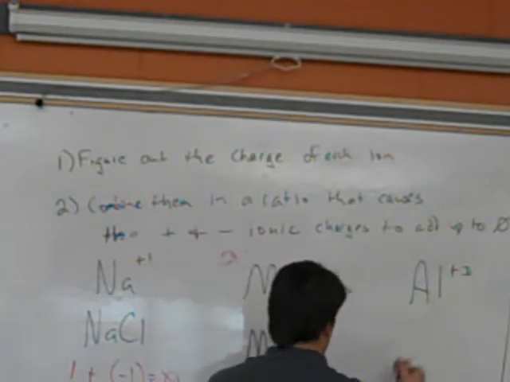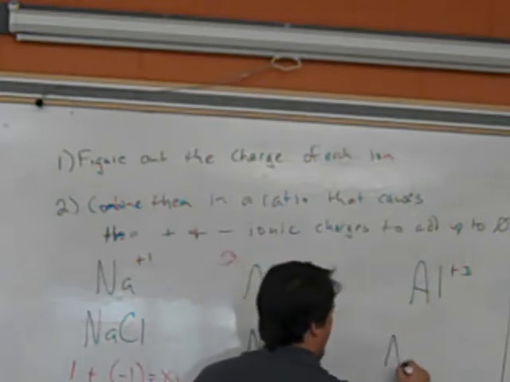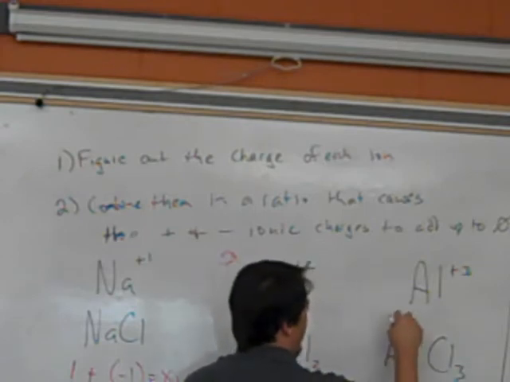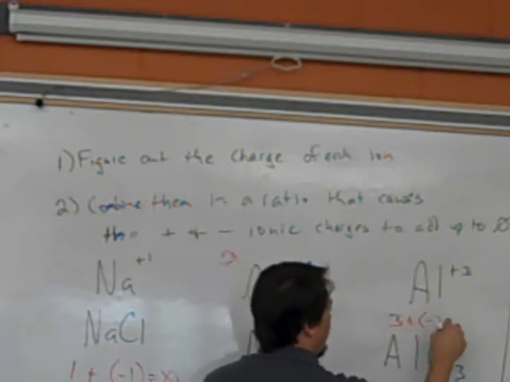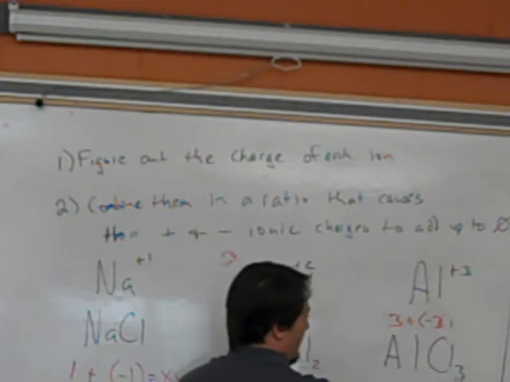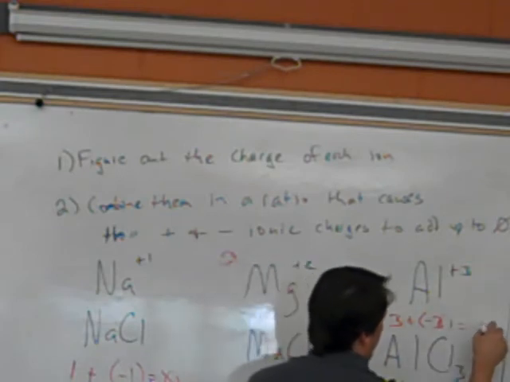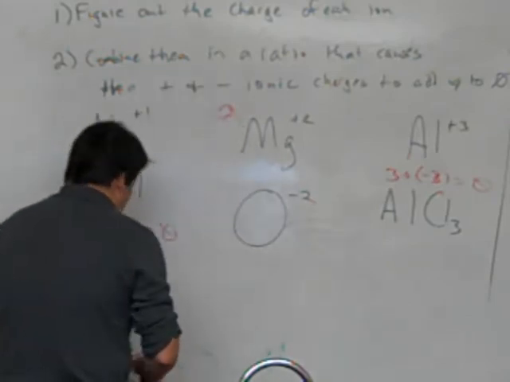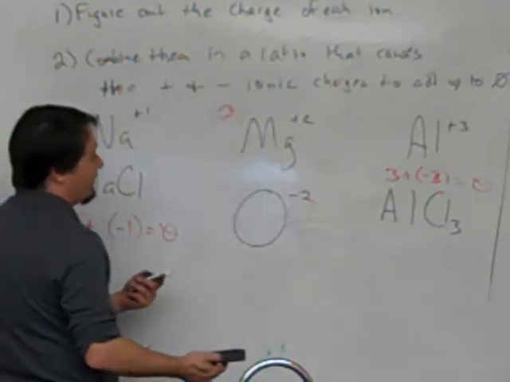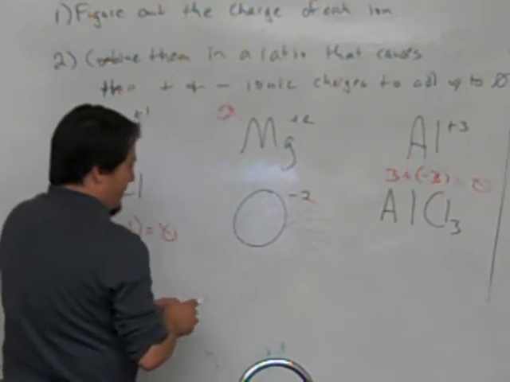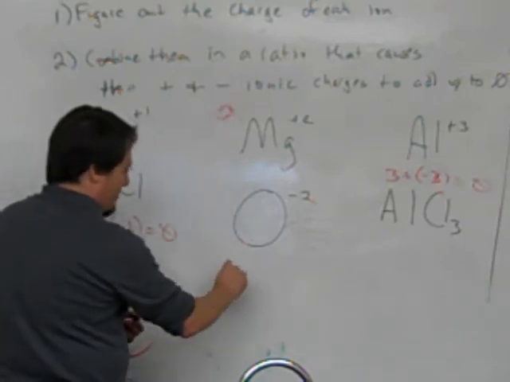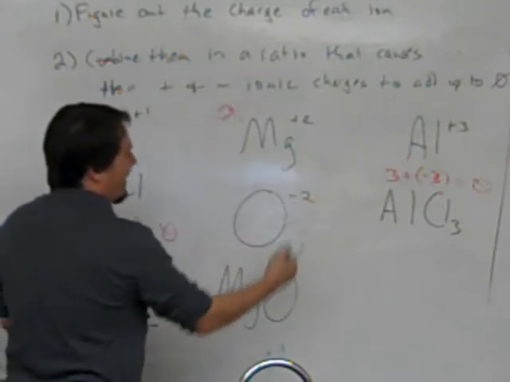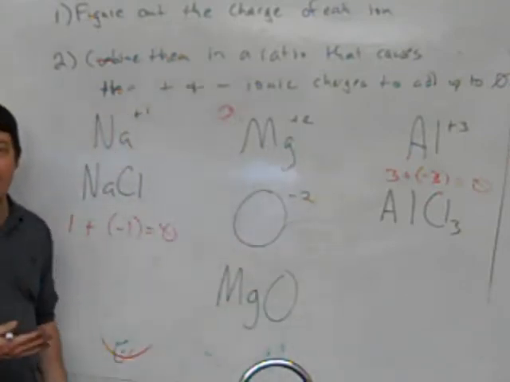And then aluminum is going to be AlCl3, because 3 plus -3, which is really 3 times -1, equals 0. Okay, so if we had magnesium, which is +2, and oxygen, which is -2, obviously the compound that's going to be formed is MgO, because +2 and -2 add up to 0, we've made a good compound.